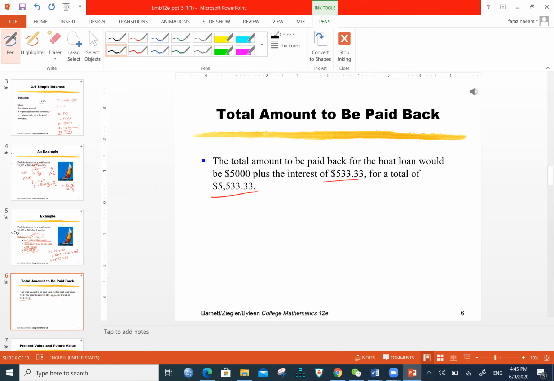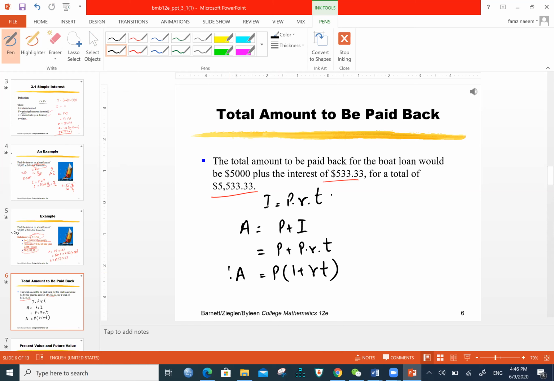This is the interest formula, P times R times T, and the amount which you need to pay back we denote as A equals P plus I, where I is P times R times T. From here we can take out P, which gives P times (1 plus RT). So this is the formula for the total you need to pay back.